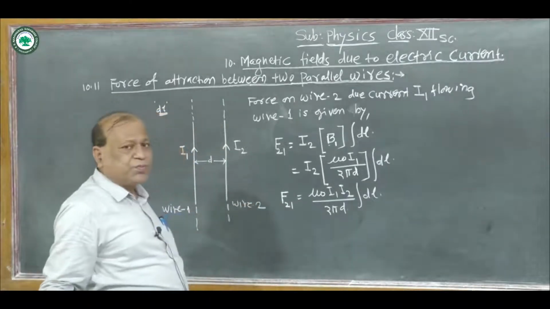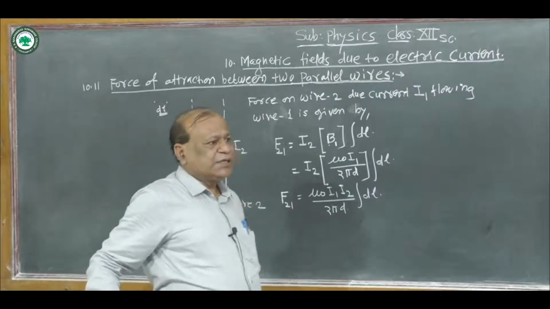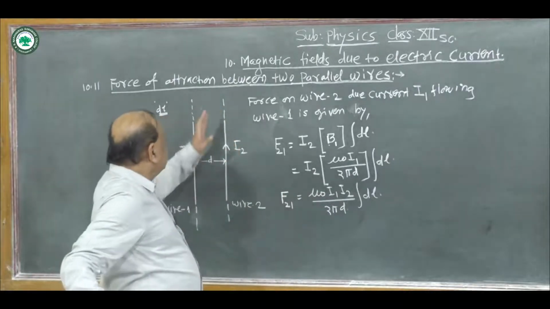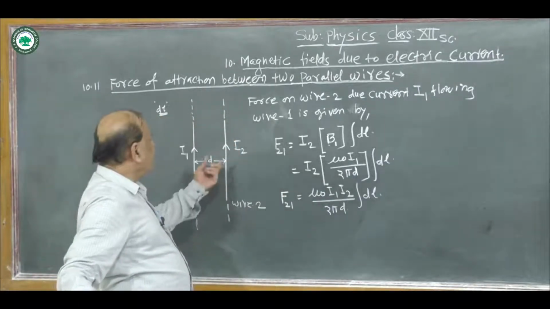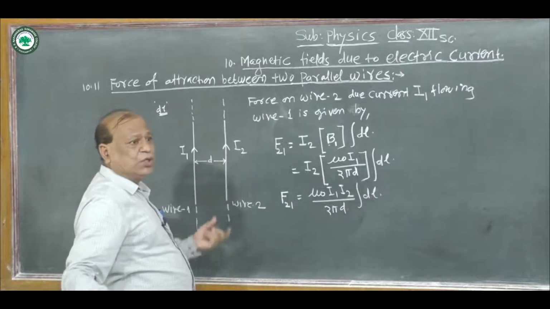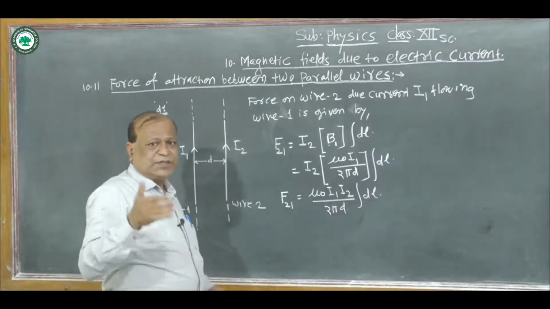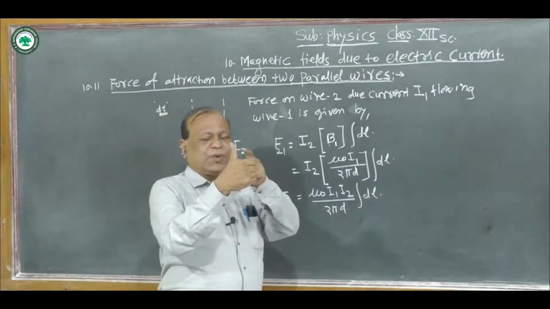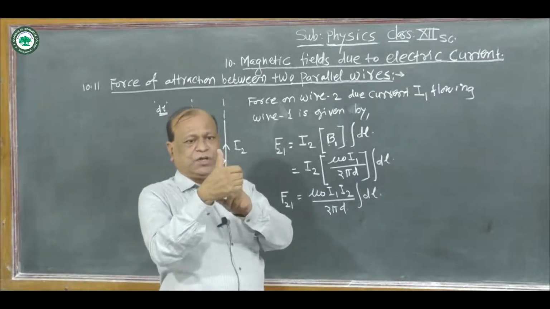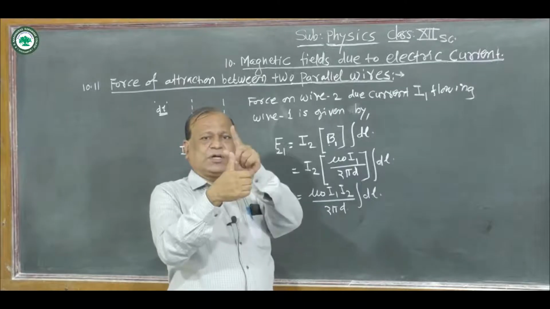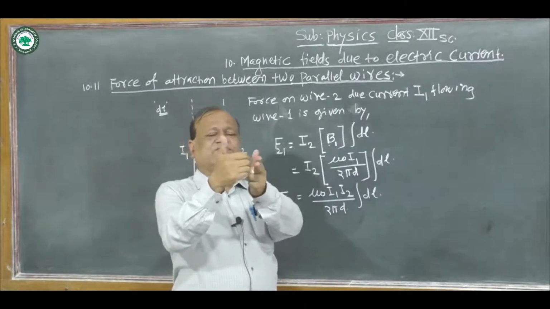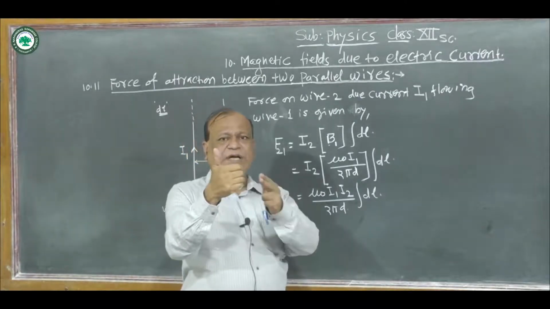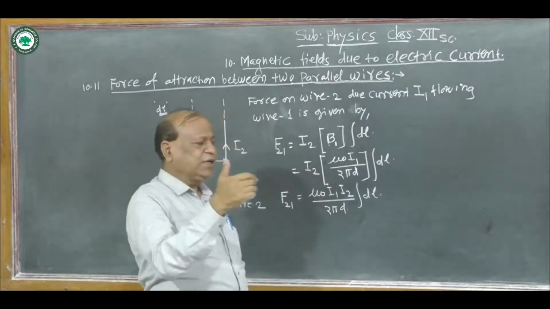Now here, what is the direction of this force acting on wire 2? That can be explained by the right hand rule here. The perpendicular thumb indicates the direction of current, and the curved fingers indicate the direction of magnetic field here.